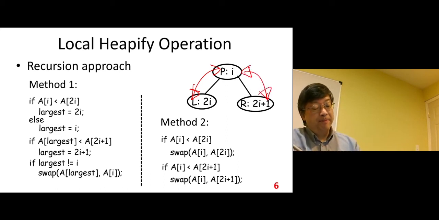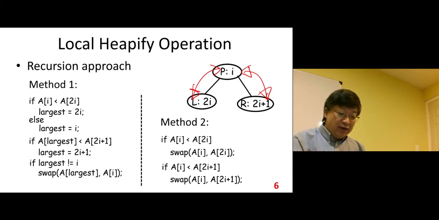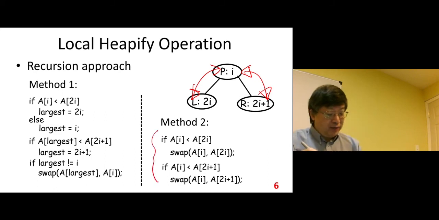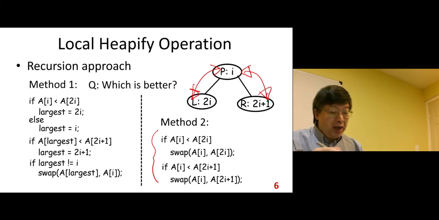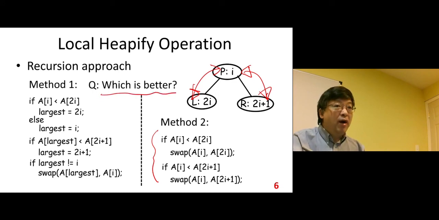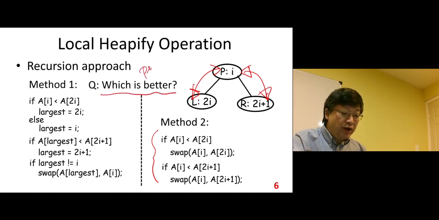Now it looks much simpler, right? The code is shorter and easier to understand in method 2 than method 1. But the question is, which one is better? From the understanding point of view, method 2 is a little easier, but here we want to consider the performance point of view: which one is faster?